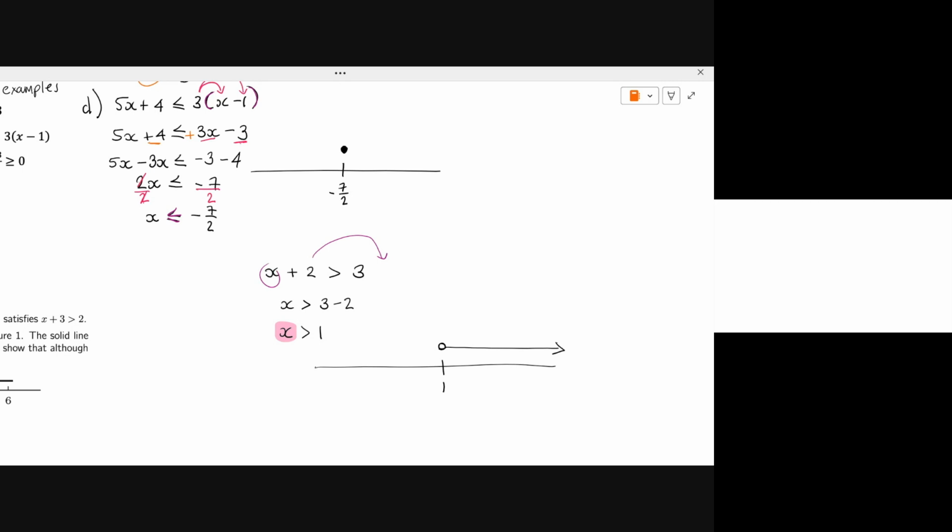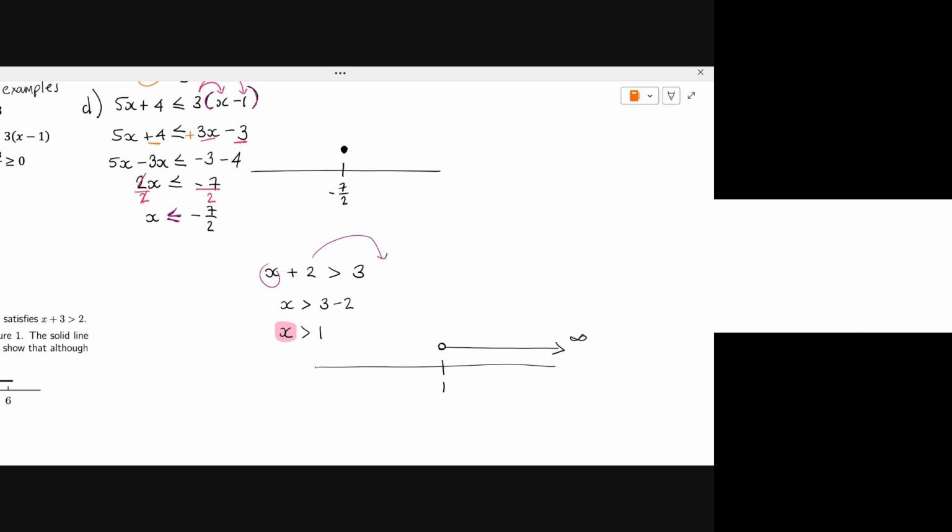Anybody know what it's called? I'll give you the symbol. Yes, that's it. Hello, Moline. Amazing. Good. It's called infinity. So when we draw that arrow, we're saying that x is every number greater than 1 all the way up till infinity. Okay. Are we all happy with that?